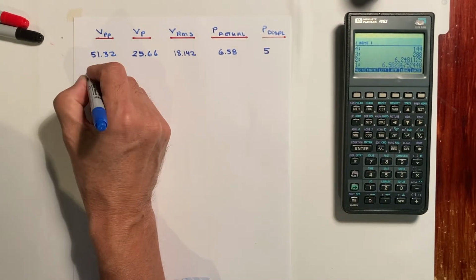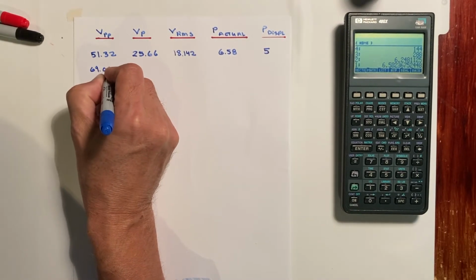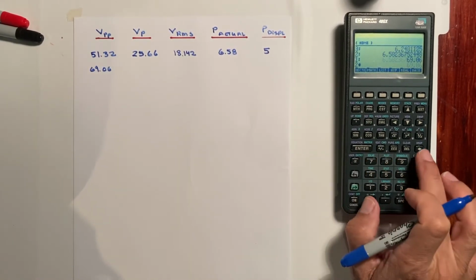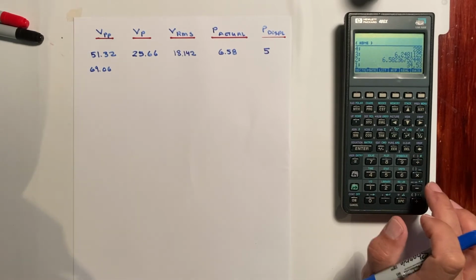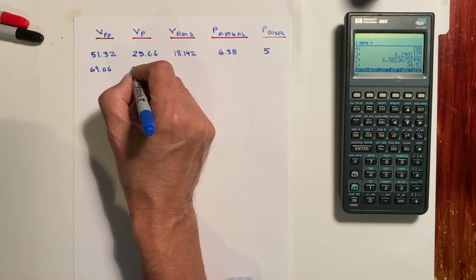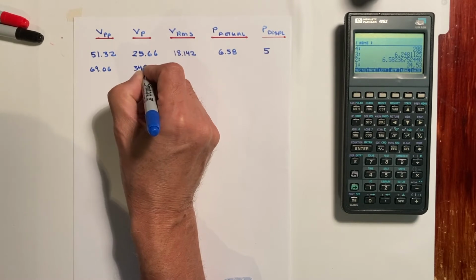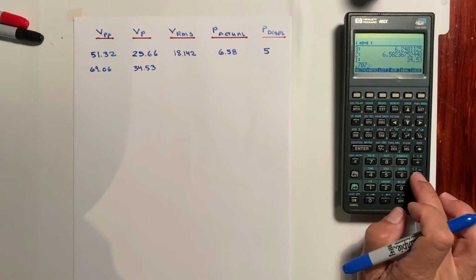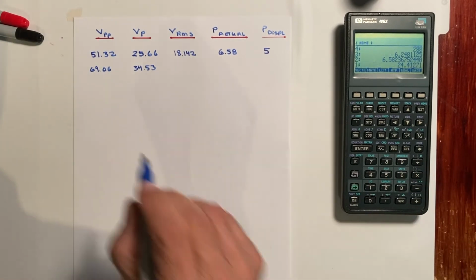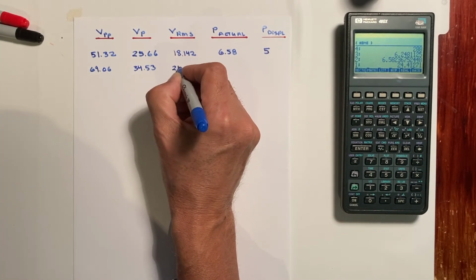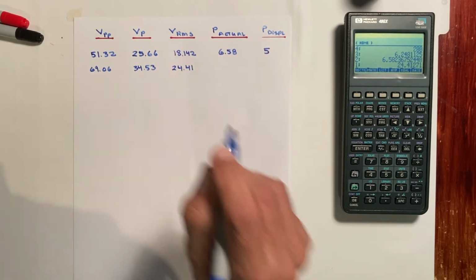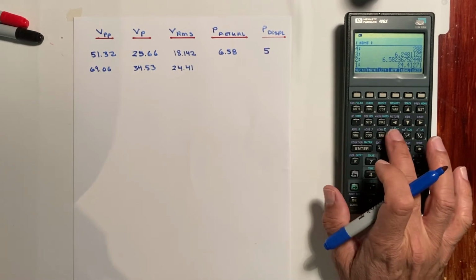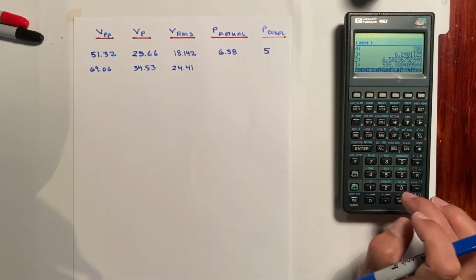So now we will write 69.06, enter, 2 divided by, 34.53, 0.707 times, 24.41, and then what we want to do is to square, so we go squared and then divide by 50.